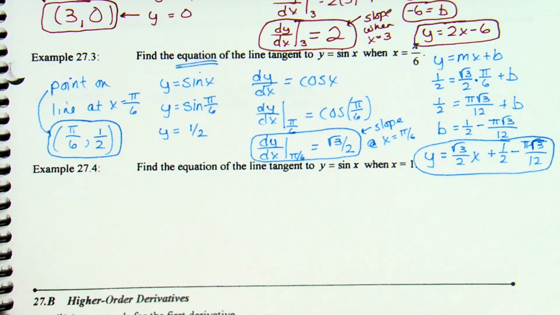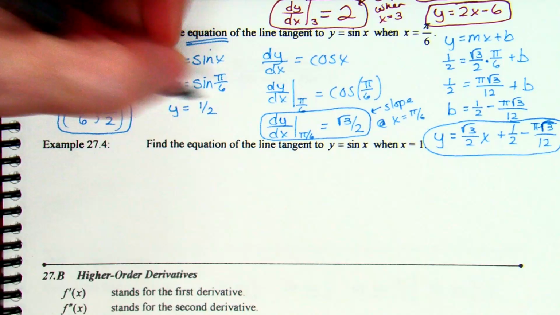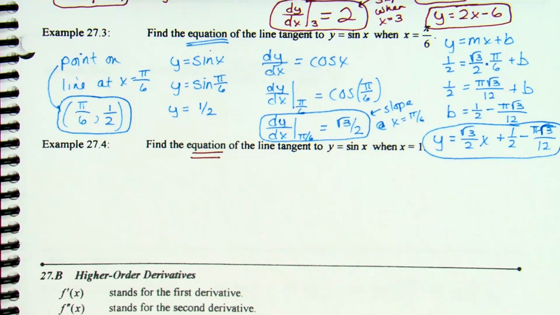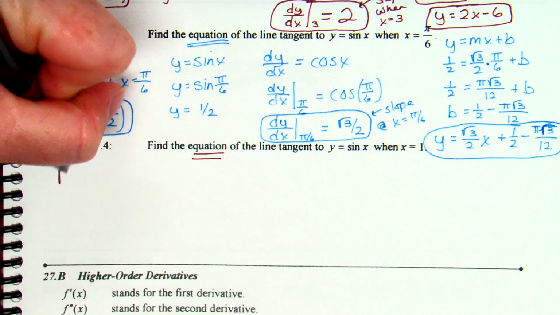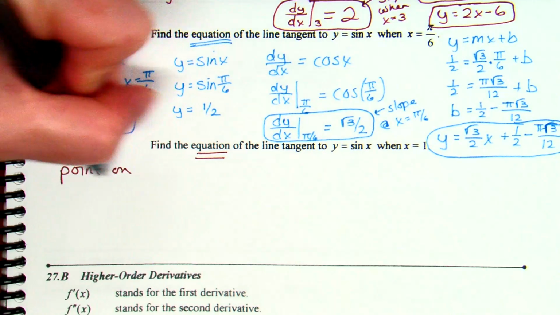Okay, example 4. Last one of this type. Again, it says find the equation of the line tangent to y equals sine x when x equals 1. Take me through it. Alright, so we need a point and we need the slope. So let's start with the point, please.